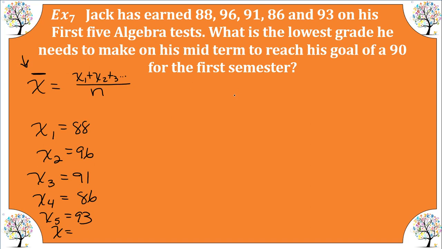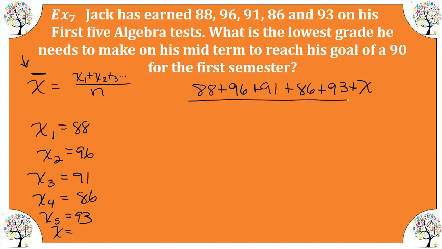So we are going to plug in and we're going to say 88 plus 96 plus 91 plus 86 plus 93 plus some other test grade, all divided by 1, 2, 3, 4, 5, and 6 tests. And we want this to be equal or more than 90.